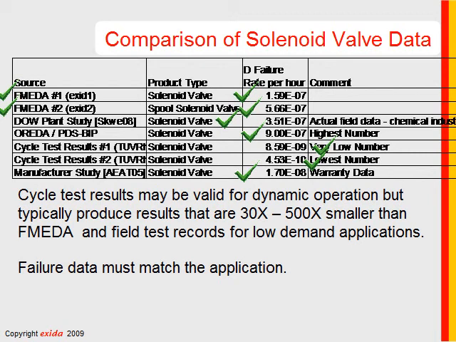Failure rates due to cold welding, stiction, corrosion, coil burnout become very significant if a product sits in a static application, even for 24 hours, and certainly become significant if a product isn't cycled at least once a week. Now, there are such applications in the process industries.